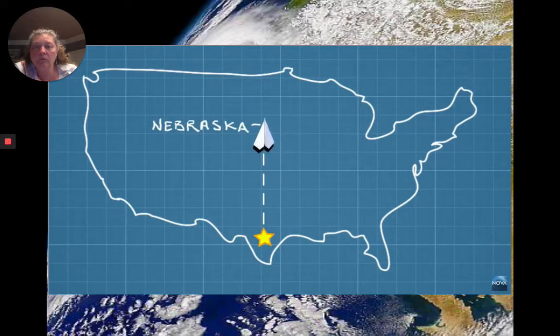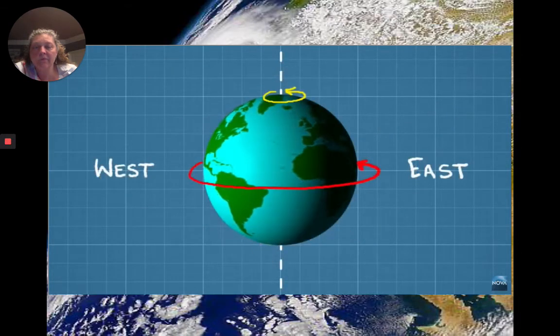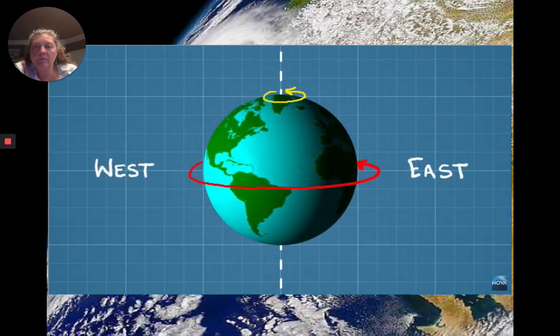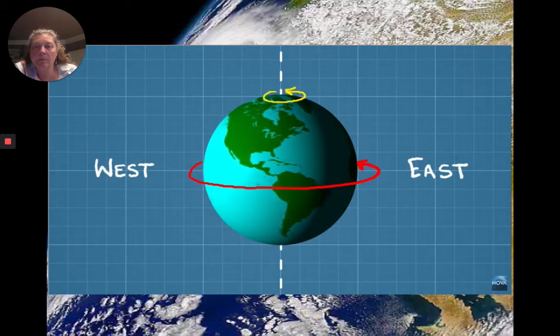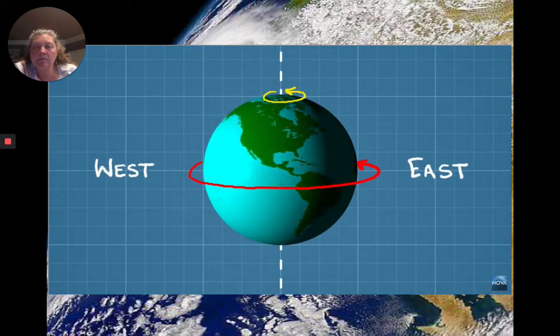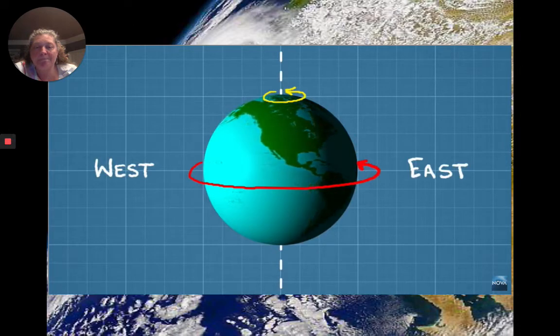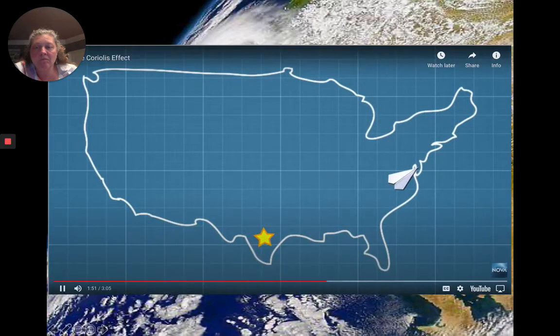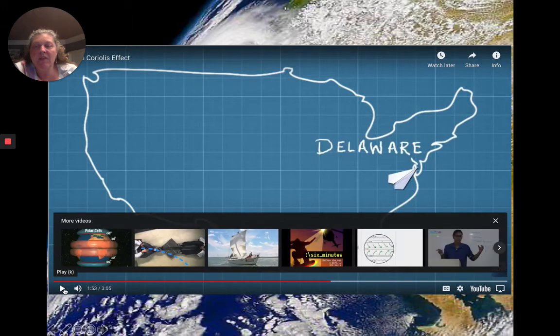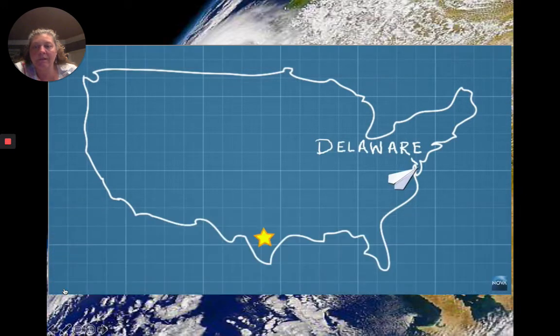But Texas is actually spinning around Earth's axis faster than Nebraska is, because it's closer to the equator. That means the paper airplane is spinning faster as well, and when you throw it, that spinning momentum is conserved. So if you threw your paper airplane in a straight line toward the north, it would land somewhere to the right of Nebraska, maybe in Delaware. Deflected to its right. So from your point of view in Texas, the plane would have taken a curved path to the right.